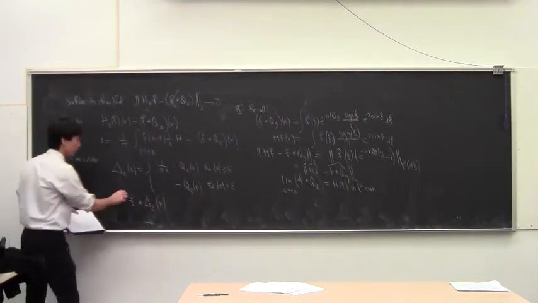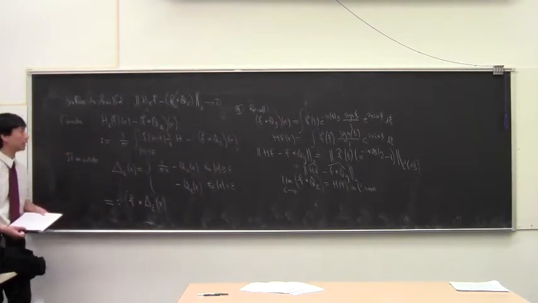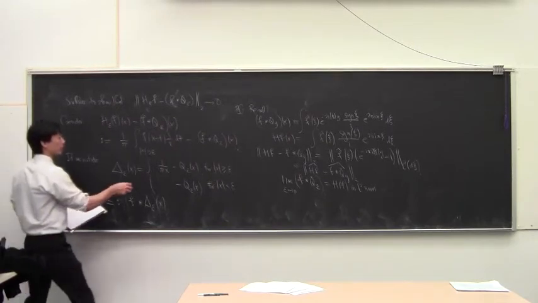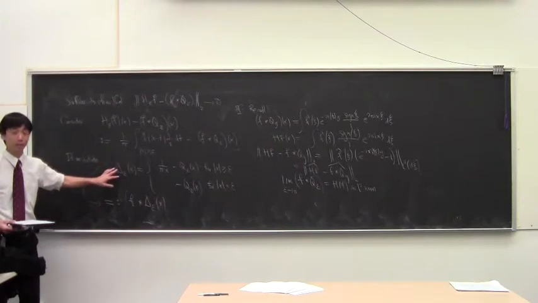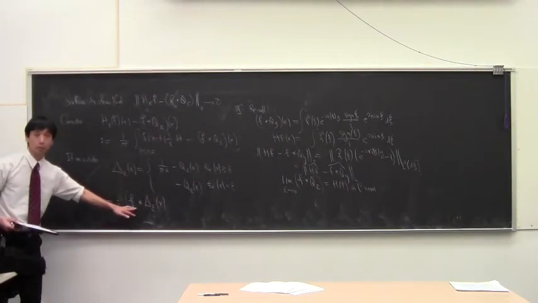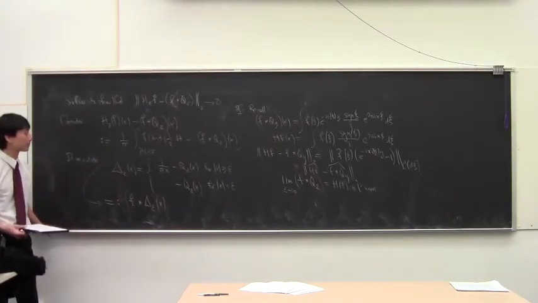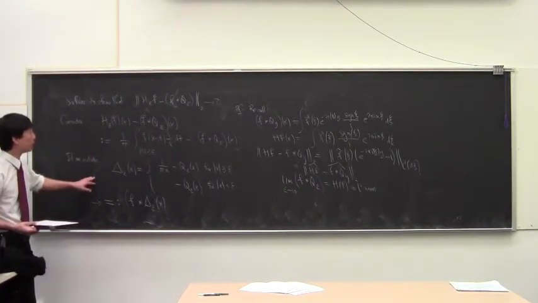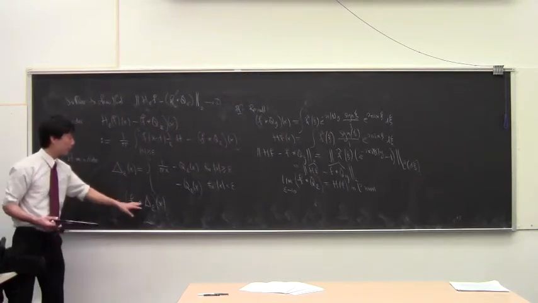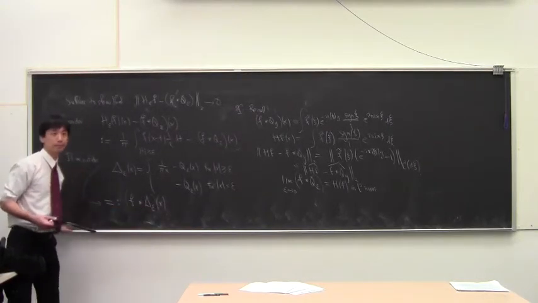Okay, so just introducing a notation for convenience. So using this delta notation, we're just going to abbreviate like this. So what we're hoping is that the L2 norm of this thing goes to 0.